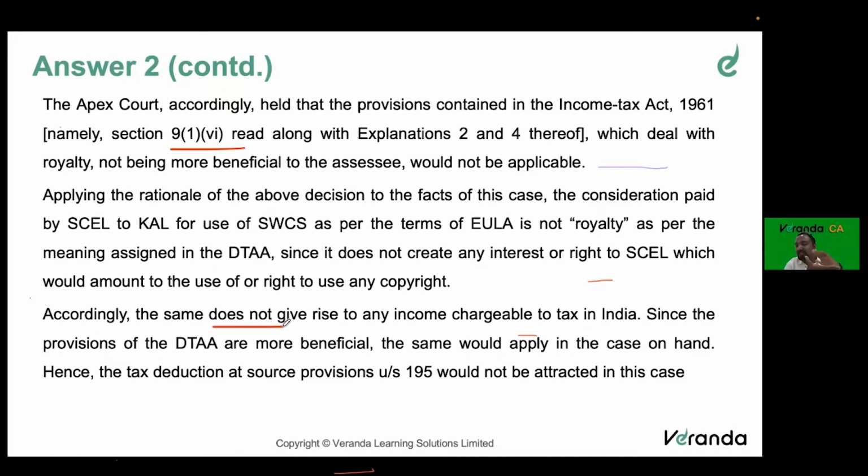This is the structure of answering a question. Depending upon whether it is 4 marks or 8 marks, your structure changes. Basically, you cover the facts, the provision, your understanding, and finally the conclusion. Here we have discussed the case law, the provisions, our understanding, and finally concluded.